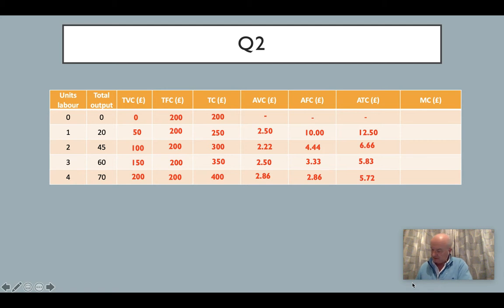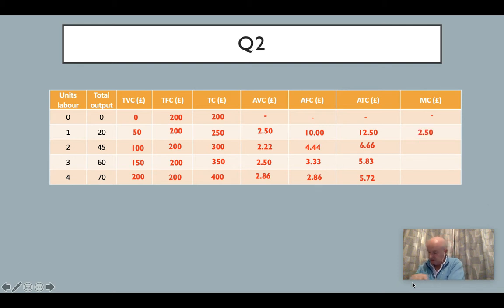Now remember, to calculate the marginal cost, we've got to look at the total change in cost and divide that by the change in quantity. So in this instance, for the first, where we've got no units of output and no units of labour, essentially that's going to be 0.